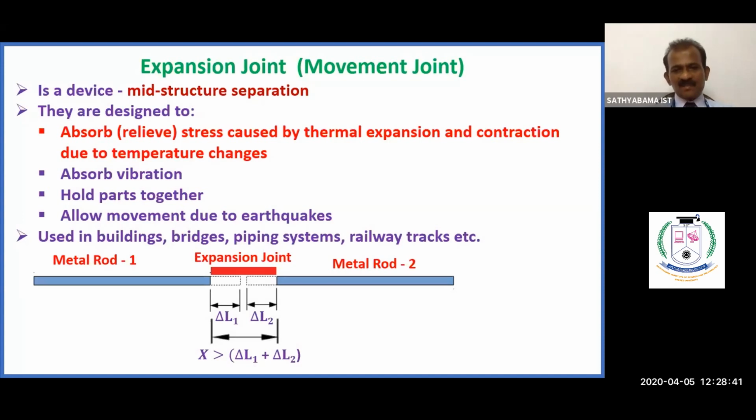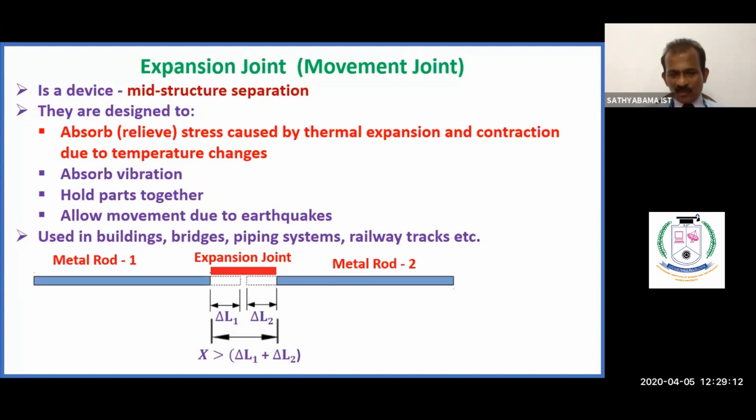Now see the diagram. Here we have two metal rods, metal rod 1 and metal rod 2, nothing but the railway track. Here the space between these two is greater than del L1 plus del L2. Del L1 and del L2 are nothing but the change in length that we observe with temperature.